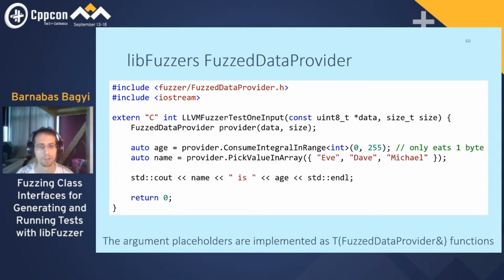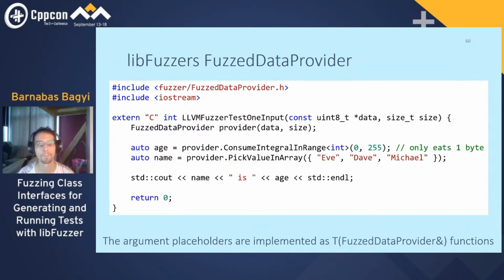Namely, what I'm talking about is fuzz data provider. Now, this class is defined specifically for consuming the fuzz string and interpreting it as different bytes. In this example shown, first, it is used to generate an int between 0 and 255 as the age of a person.